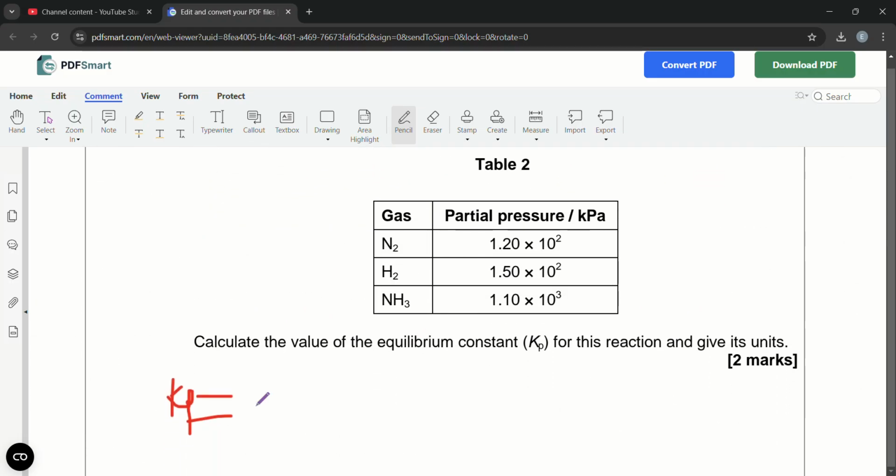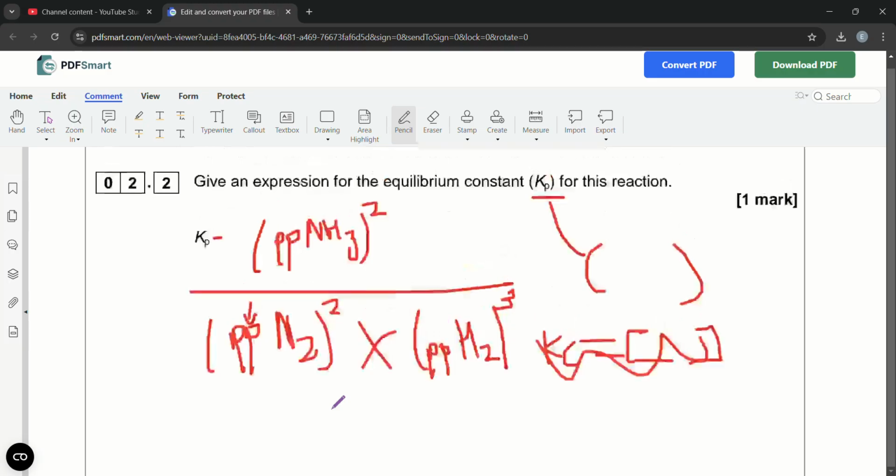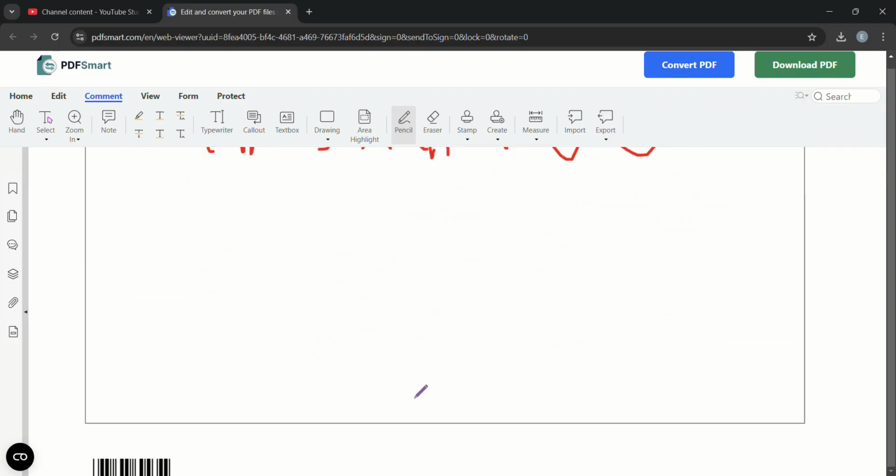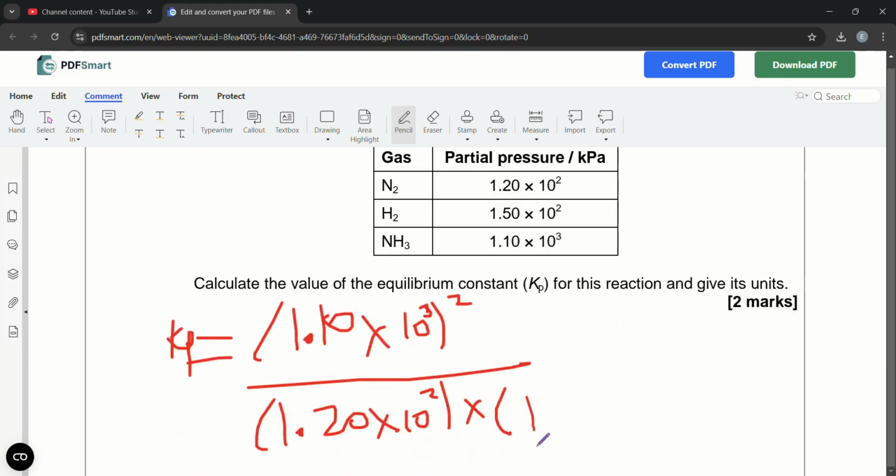So it's going to be NH3, don't forget curly brackets, 1.1 times by 10 to the power 3 squared, all over partial pressure of N2, 1.20 times by 10 to the power 2 times by H2, 1.50 times by 10 to the power 2 cubed.